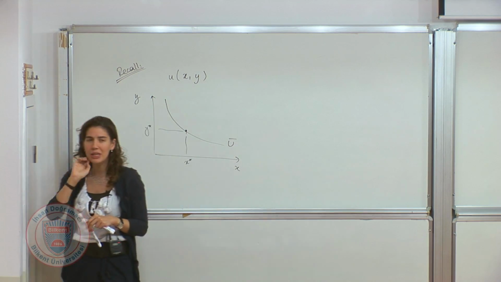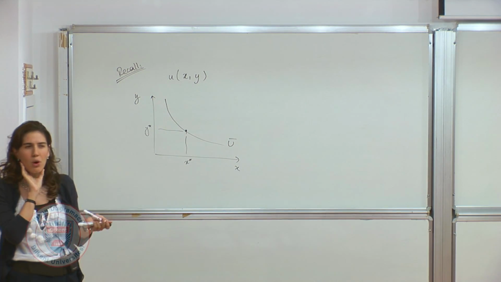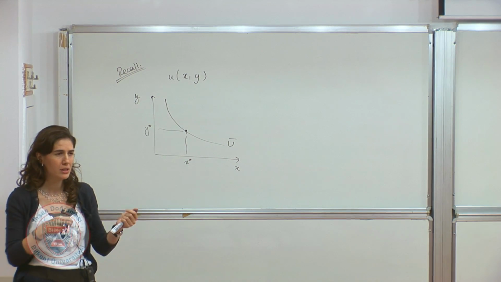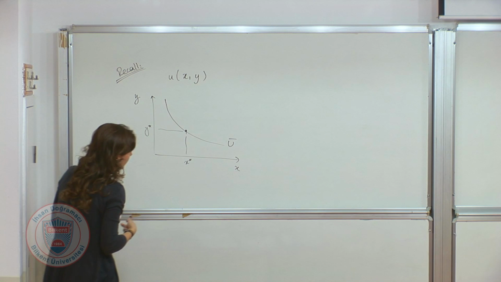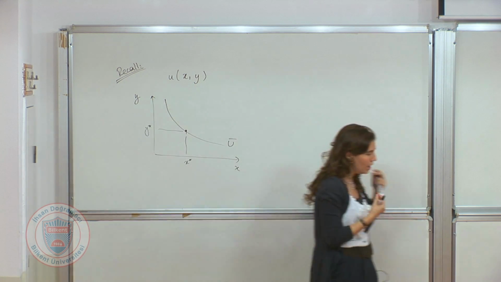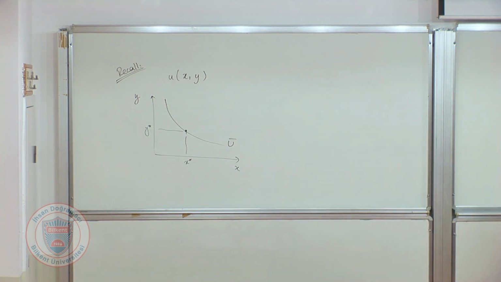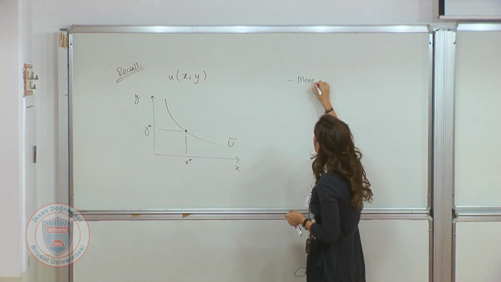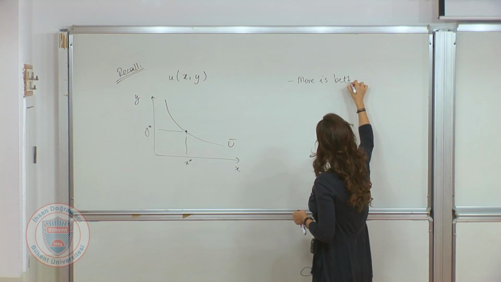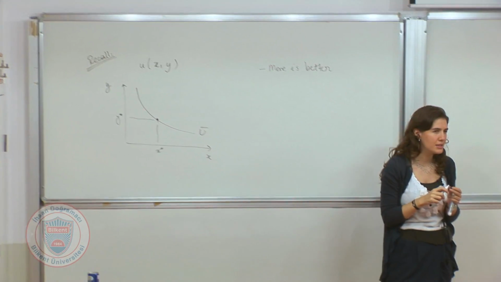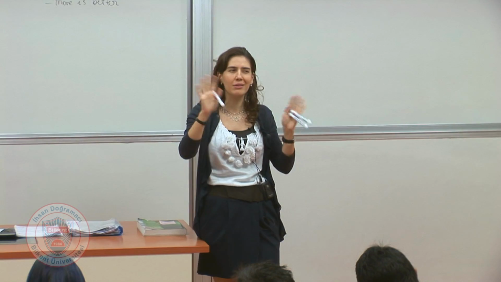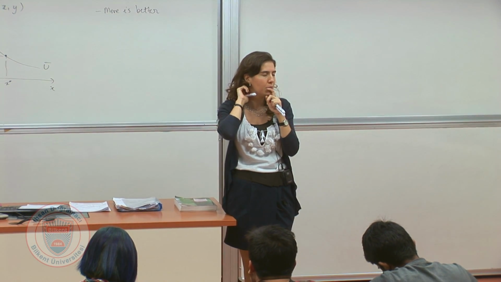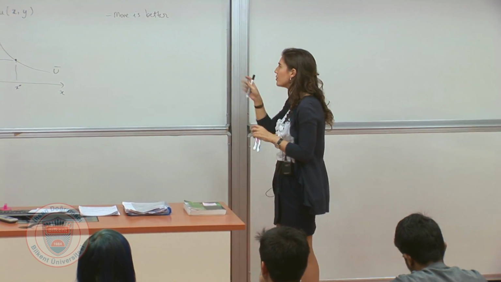We talked about some properties of preferences, and we said we could have more assumptions about tastes. One of them was that more is better. We said this might not be realistic all the time, but it is one of the assumptions that we will be making most of the time.